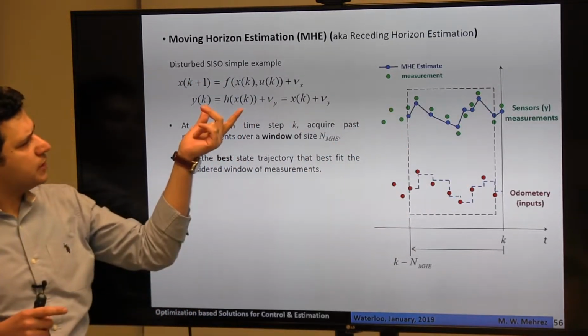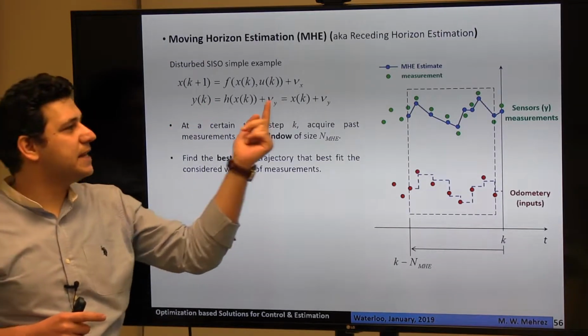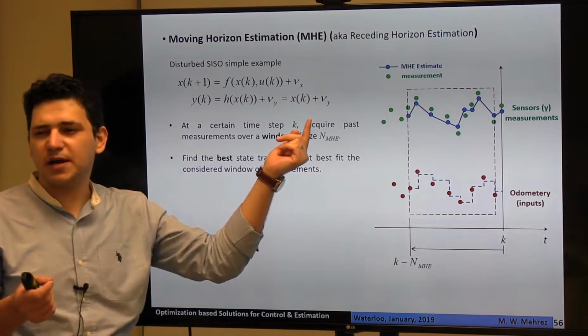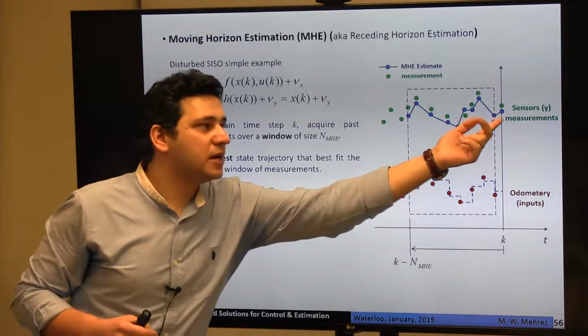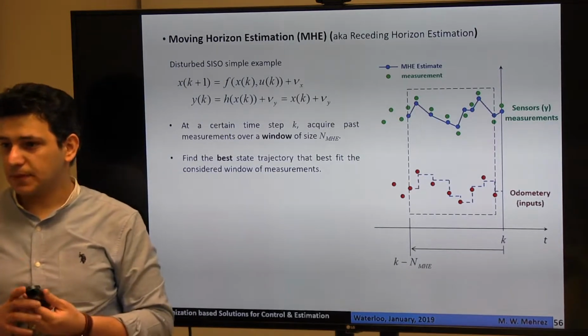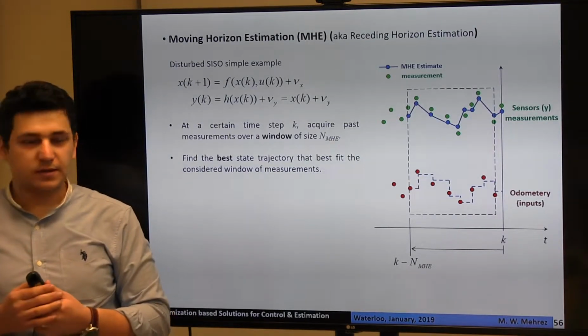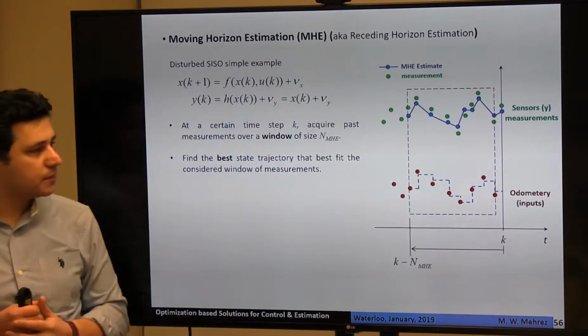If you look at this one here, here I chose my output y to be exactly my state. So my sensor measures directly my state, right? So the trajectory that fits my measurements here is basically the state trajectory, or the estimate of the state trajectory, okay? This is a very special case just to show you how this graph works. All right.